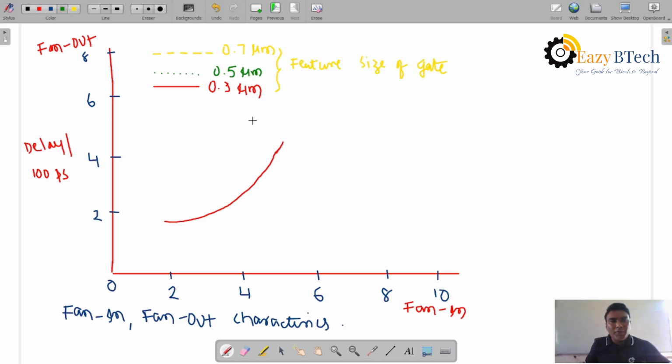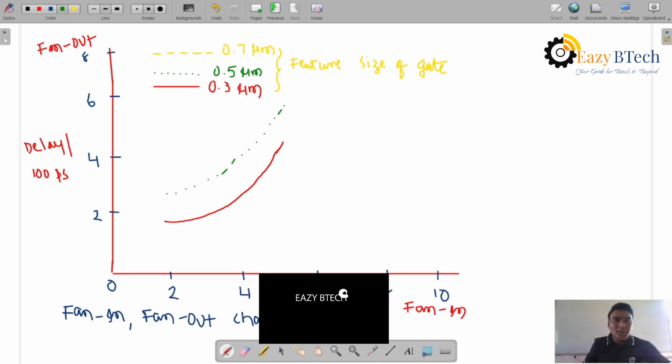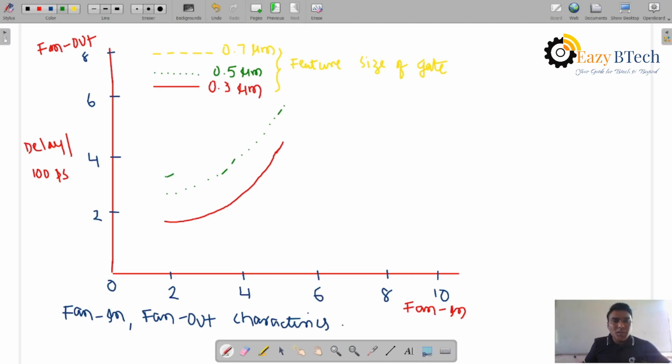The other one, the 0.5 micrometer, what happens here, as the fan outs increase, the delay will be increased. Here also the 0.7 micrometer technology, if increasing the fan outs, then the delay will be increased exponentially.